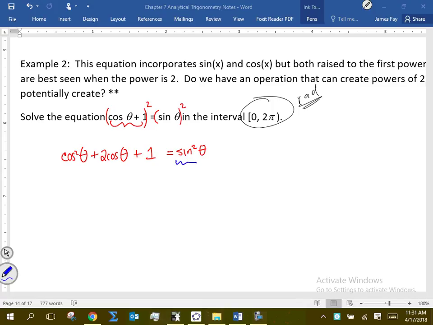Because if I replace cosine squared with 1 minus sine squared, which is legal, you would have 1 minus sine squared over here, plus 2 cosine, plus 1 equals sine squared. You'd still have sines and cosines, right? If I replace sine squared with what it is equal to from the Pythagorean identity, we get this thing here, right?